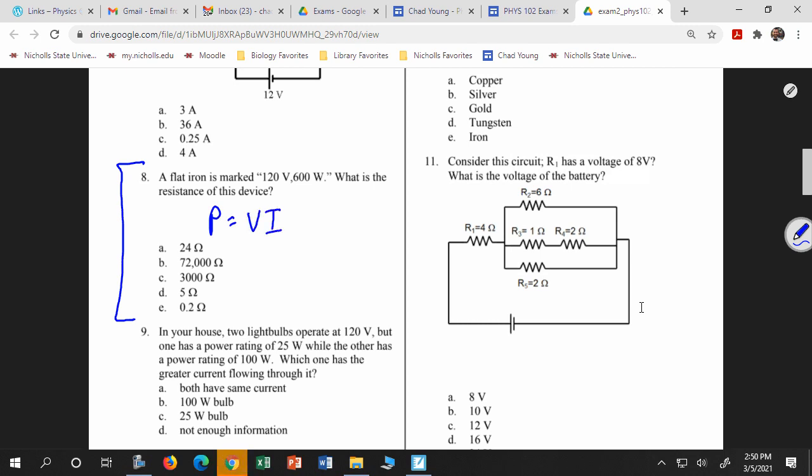This is sort of the main one, but then there are also variations of that where we're subbing Ohm's law in to get just different relationships. So here I have V and P, and I want to know the resistance. So I would say P is equal to V squared over R. And I say 600 equals 120 squared divided by the resistance.